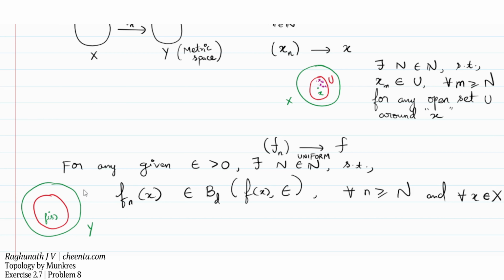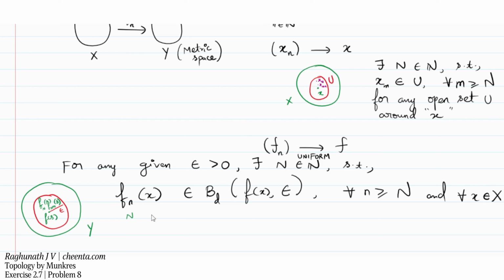Then there exists a capital N value such that if you take this epsilon ball around this space capital Y, then fN of s and fN plus 1 of s all will be inside this epsilon ball.